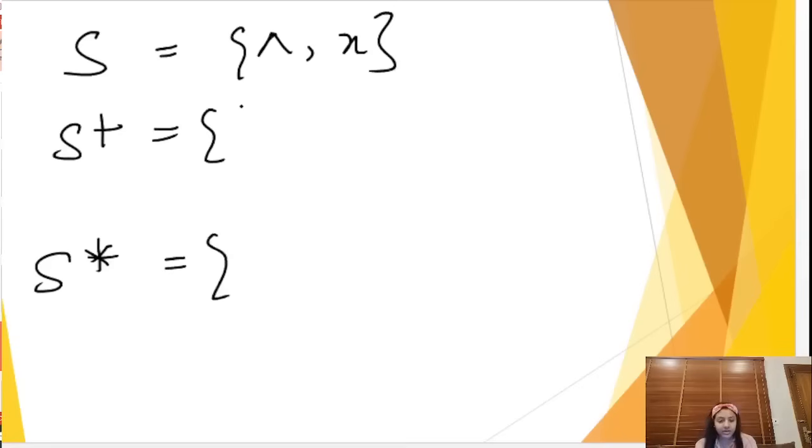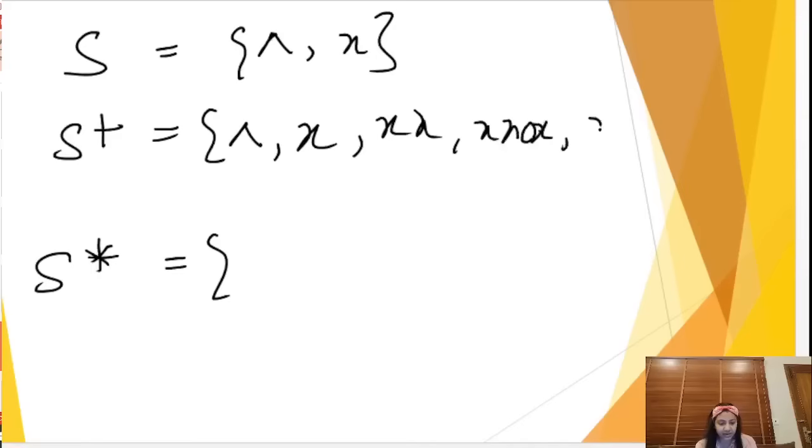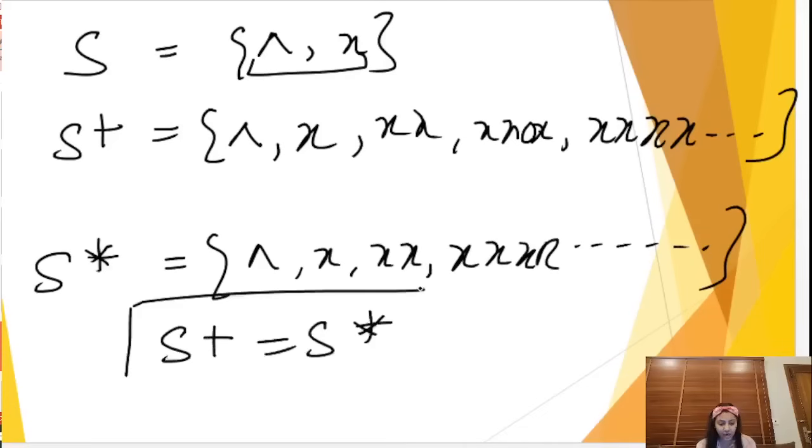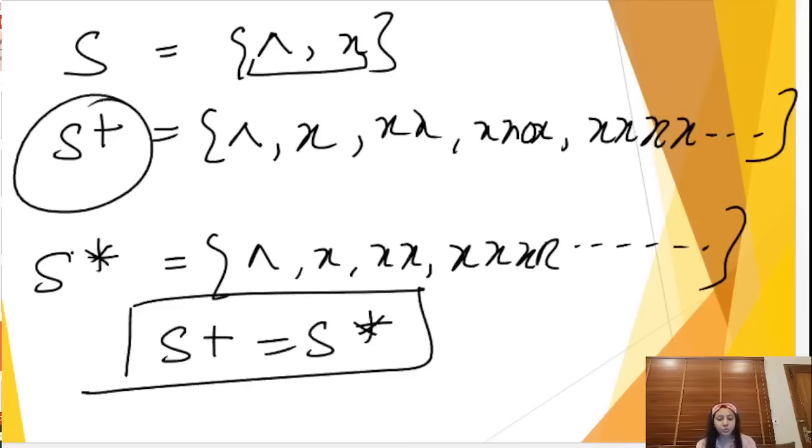Since lambda is part of the alphabet, it will naturally be present, then all the strings formed from their concatenation: xx, xxx, xxxx, and so on. Similarly, S star will contain first the strings that are part of my alphabet, then all the strings formed from their concatenation. So here S plus is equivalent to S star. The only condition in which both are equal is when lambda is part of my alphabet.